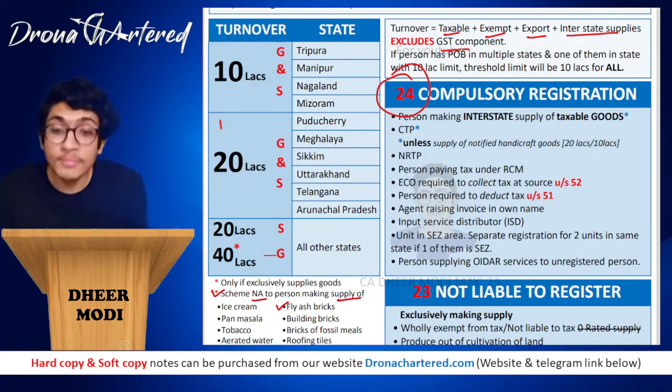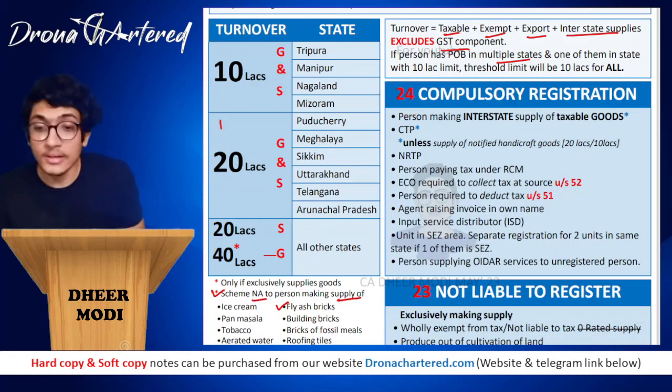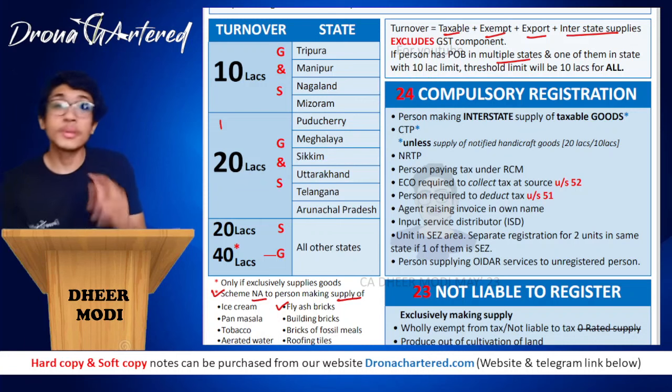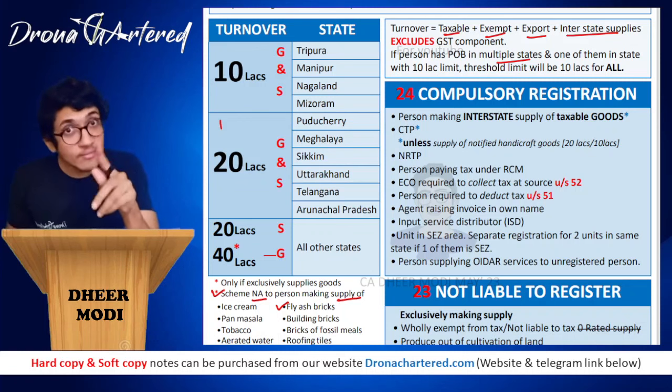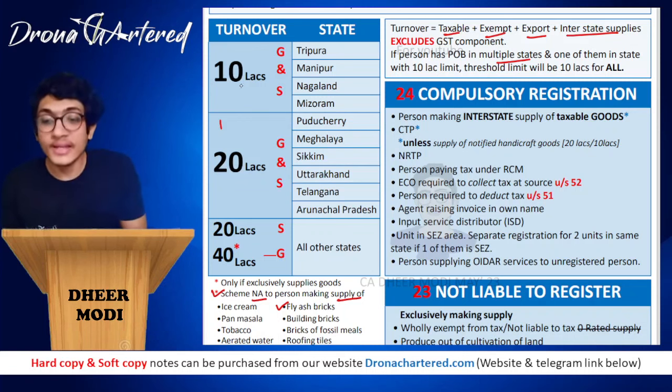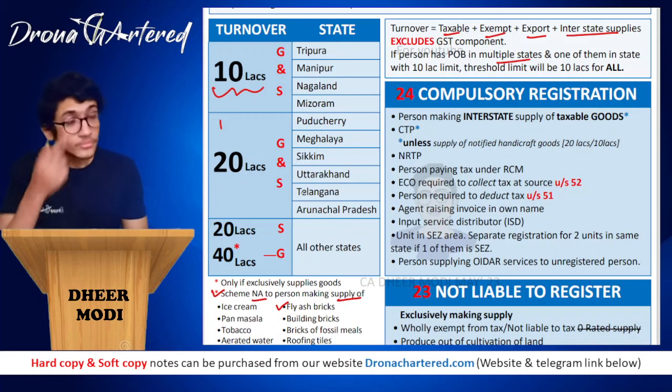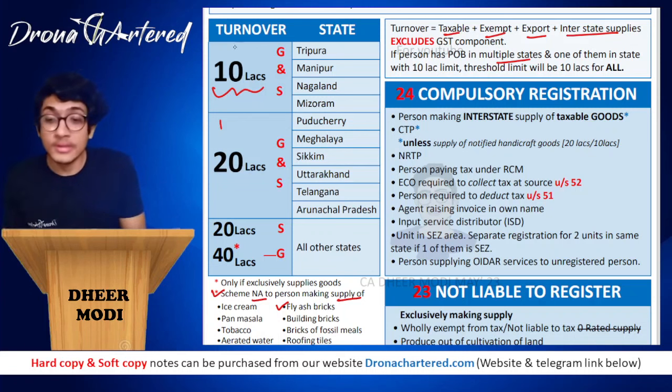If a person has a place of business, POB is your place of business. So if a person has a place of business in multiple states and one of them is in a state with the 10 lakh limit, what did I say? That is, if you have a place of business in multiple states and if any one of them is also in the special category state, that is this 10 lakh state. For example, you have businesses in Maharashtra, then you have business in Kerala, and you have one business in Tripura.